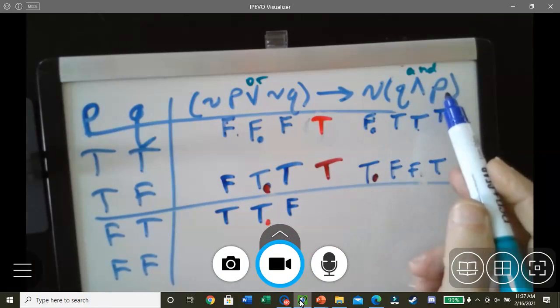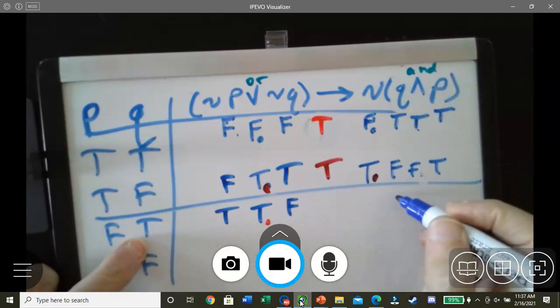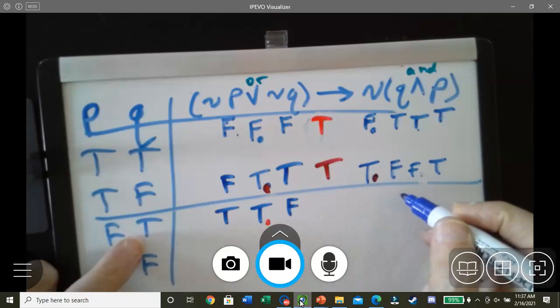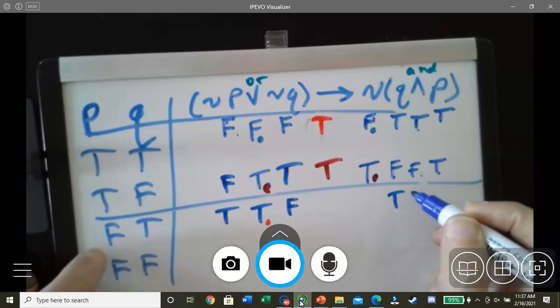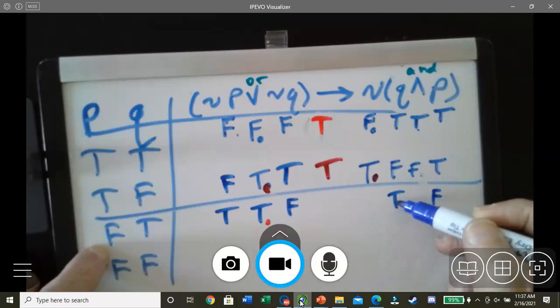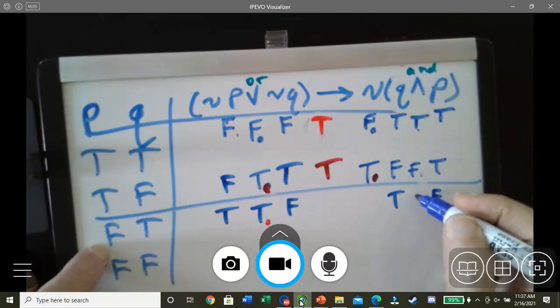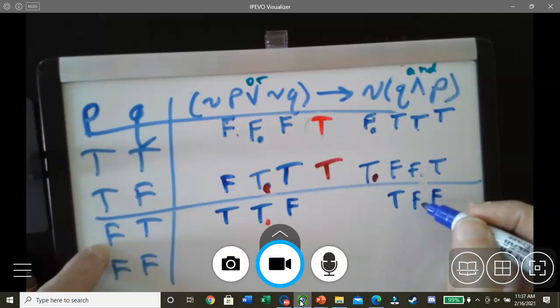All right, so now we go to the other parentheses. Q, we said, is what? True. Q is true. P is false. Good. So now we're saying true and false is false. Good.